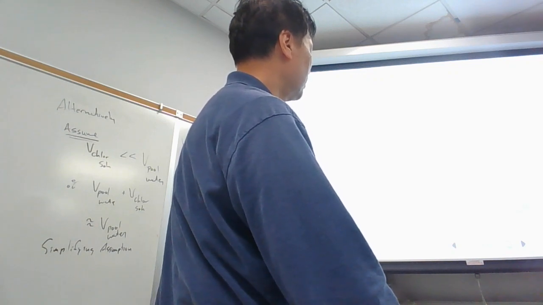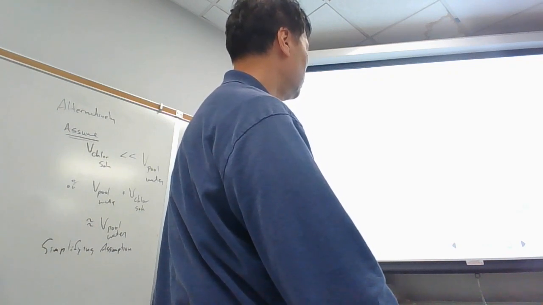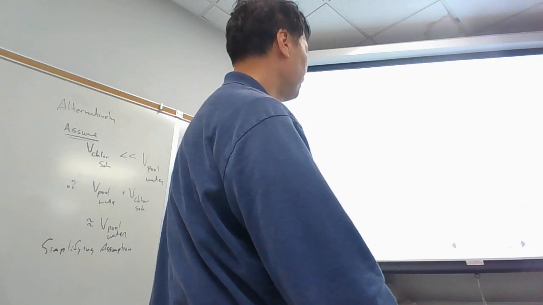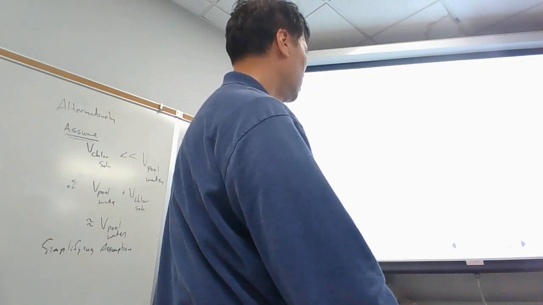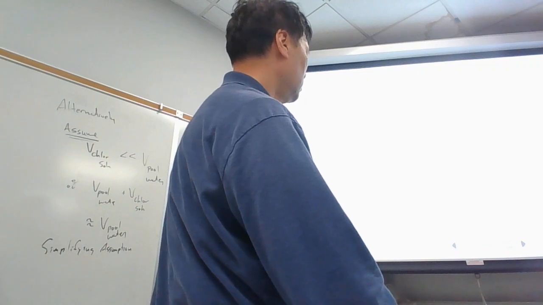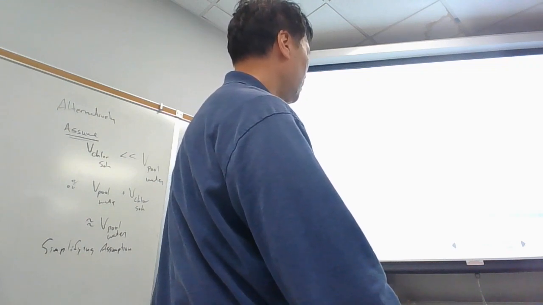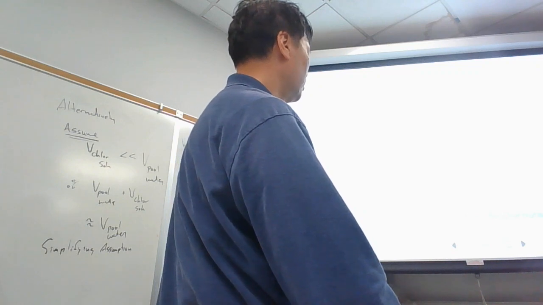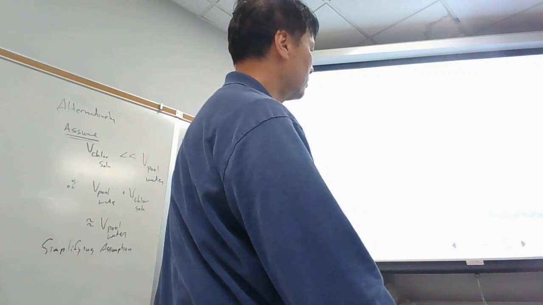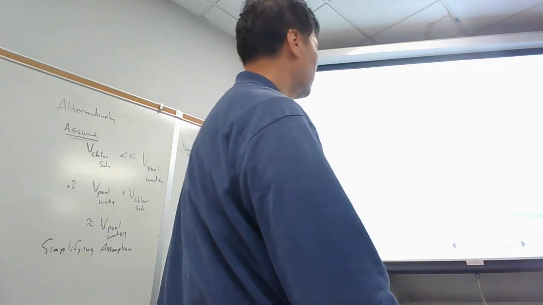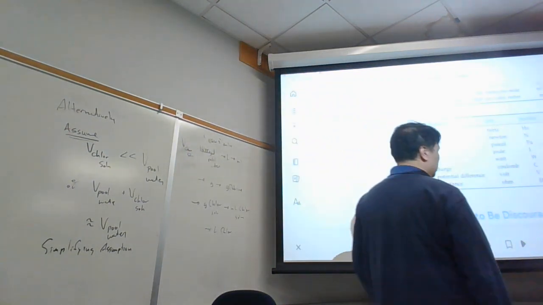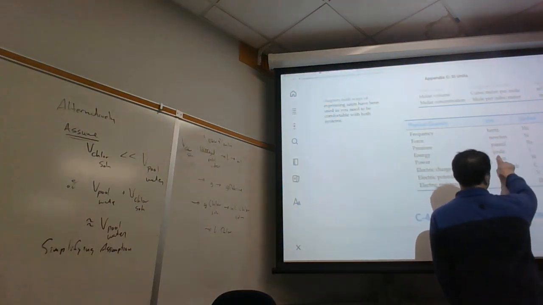Then we have things like frequency in hertz, force in newtons, pressure in pascals, energy in joules, power in watts, charge in coulombs, electric potential in volts. These are the units here, though, in SI. So these are very important. Probably the one that you need to know the most is a joule.